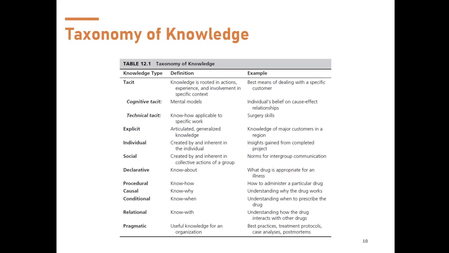And they defined each one of those knowledge types and gave examples. So when academics disagree, it's good because new things are proposed, but it's also hard because it's hard to get academics to agree.